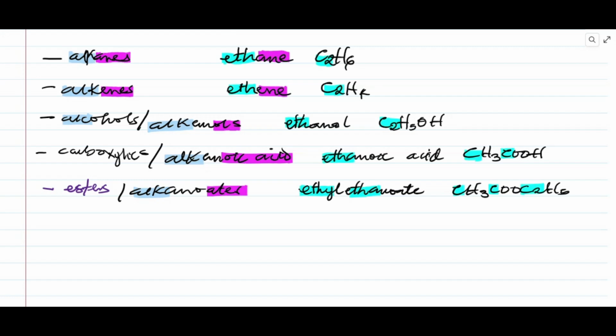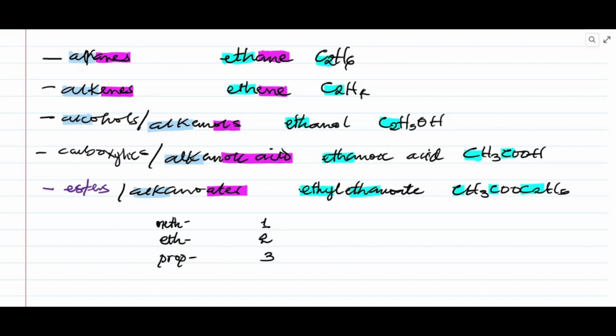So we can start with that: whenever a name starts with eth, it means that compound has 2 carbon atoms. The one that comes before this, if the compound has 1 carbon atom, the name will start with meth. If the compound has 3 carbon atoms, the name will start with prop.